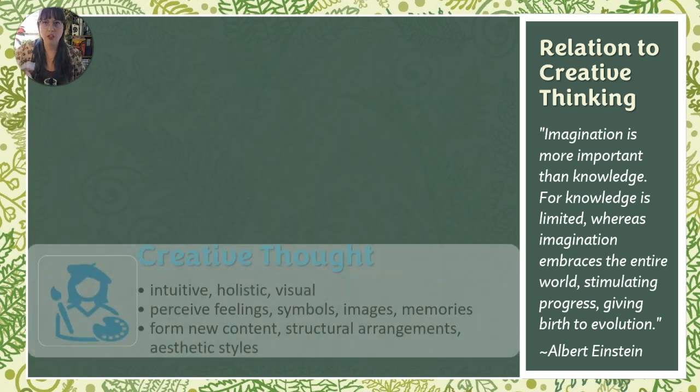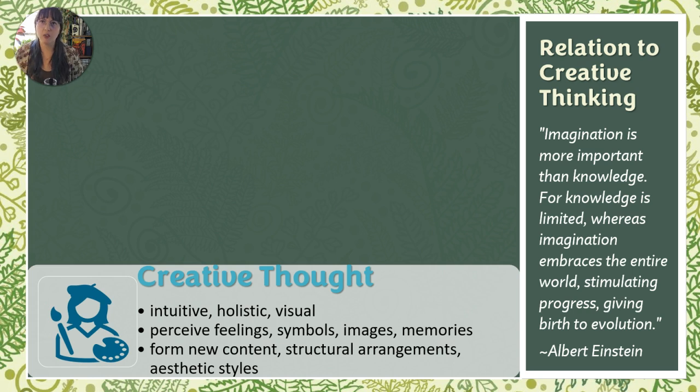If we look a little bit at the parts of the way we use our mind, we might think of creative thought as something that is intuitive and holistic, something that relies on visual imagery, symbols, feelings, memories.